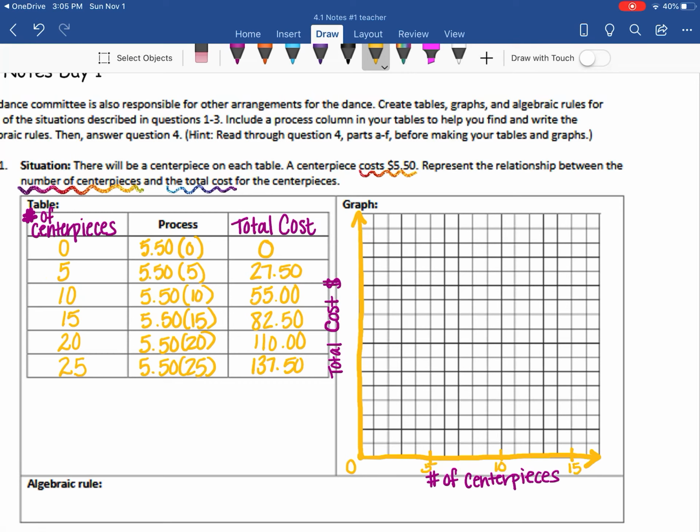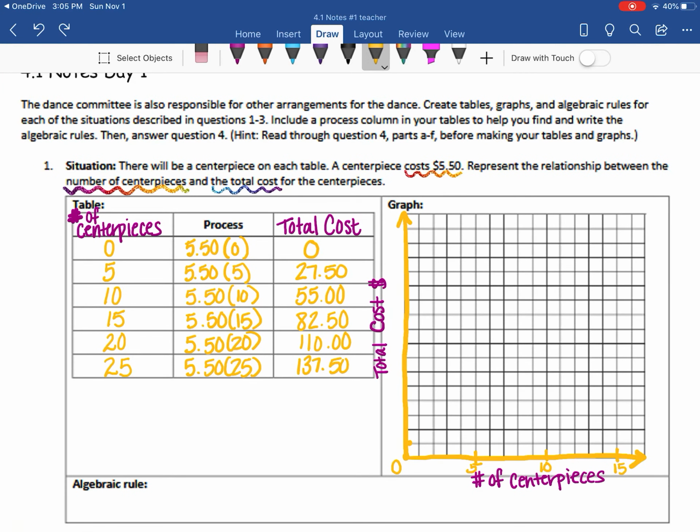And I think if I count by fives, that might work: 5, 10, 15, 20, 25, 30, 35, 40, 45, 50, 55, 60, 65. Yeah, I think that counting by fives is probably going to be the best option for the y-axis. Again, I'm not going to label every tick mark, so I'll label every other one.